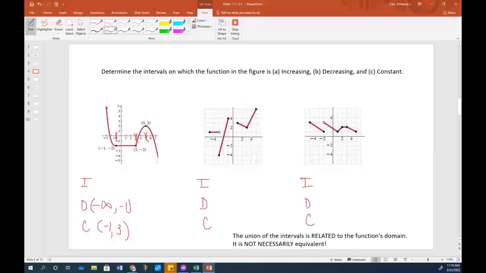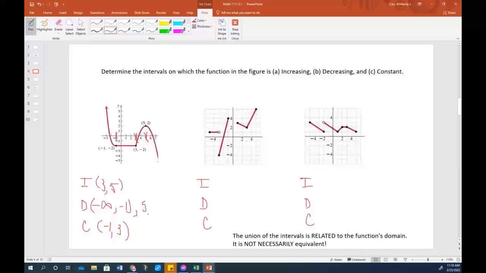Then from this x value of 3 to the x value of 5, we're headed up. So 3 to 5. And then from 5 to infinity, we are headed down again.